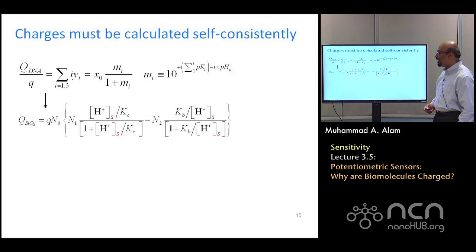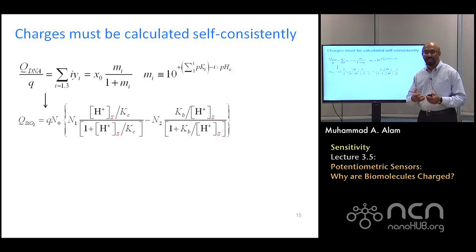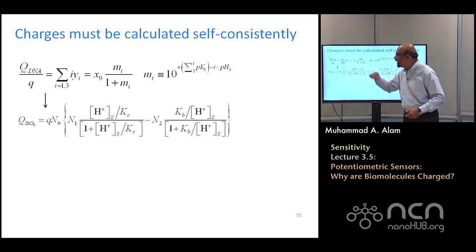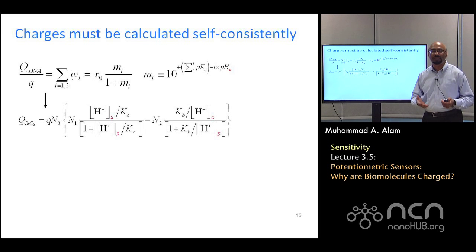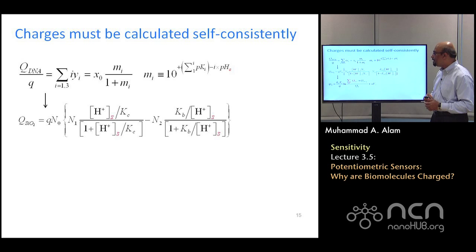Next, this is how it works. You start with a certain DNA charge. Let's say you have caught 50 DNA on the sensor surface. So for an individual DNA, you will have qDNA. You multiply it by 50. That gives you the total charge. Then you look at what the surface charge is on the surface using this formula.